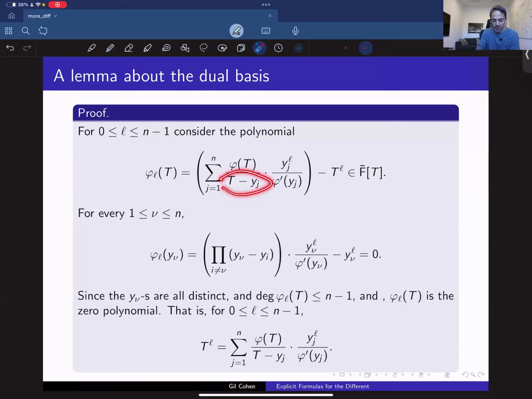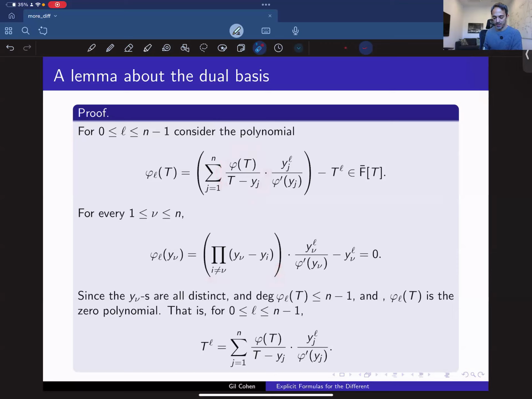Because when j equals ν, this t minus y_j cancels it out. For the rest of the j's, you have a t minus y_ν sitting here, and when you substitute y_ν for t, you get 0. So the only surviving j here is that corresponding to ν.